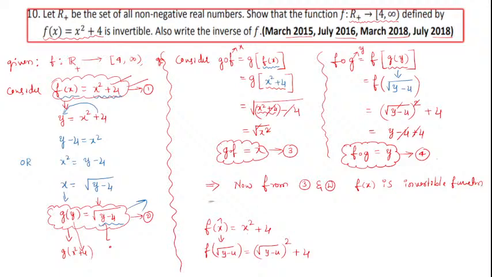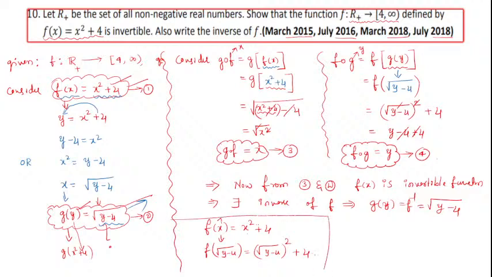Hence if the function is invertible, then there exists an inverse of f, which is given by g of y, that is the f inverse function, that is what? Root of y minus 4. The function g of y here is f inverse. So if you write this much, definitely you will get your 5 marks.